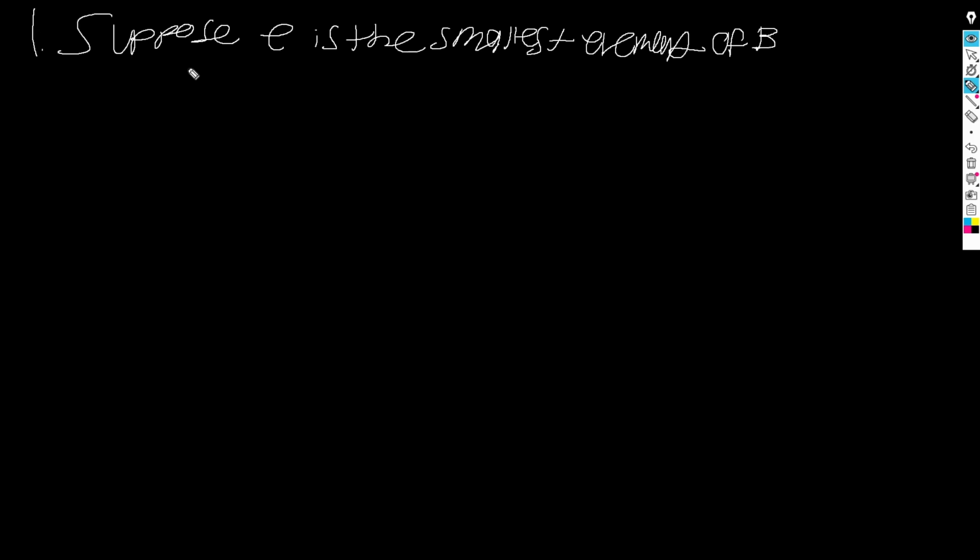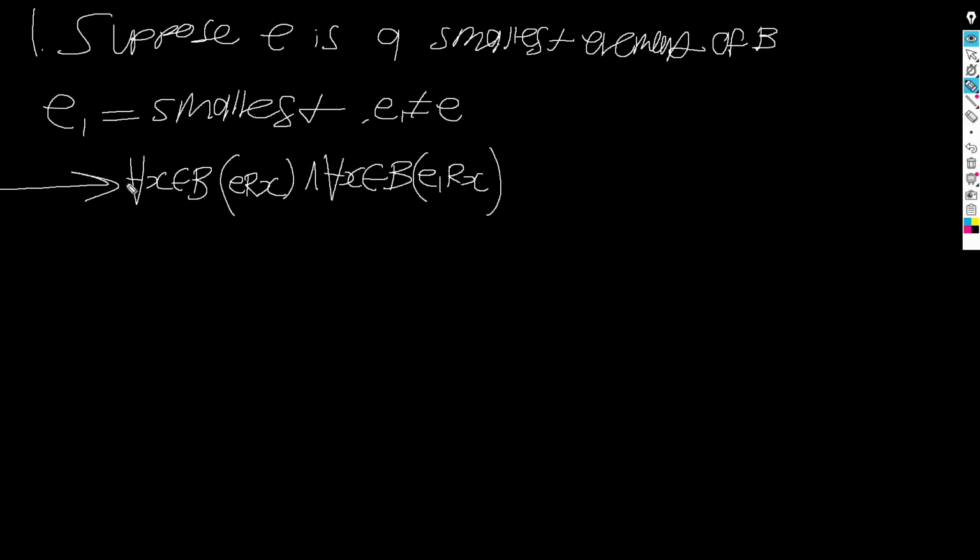To prove the first statement, we'll first let E be the smallest element of B. Then we'll assume E1 is also a smallest element of B, and of course, E1 is not E. Then this is true if and only if for all x in B, E is R related to x, and for all x in B, E1 is R related to x.